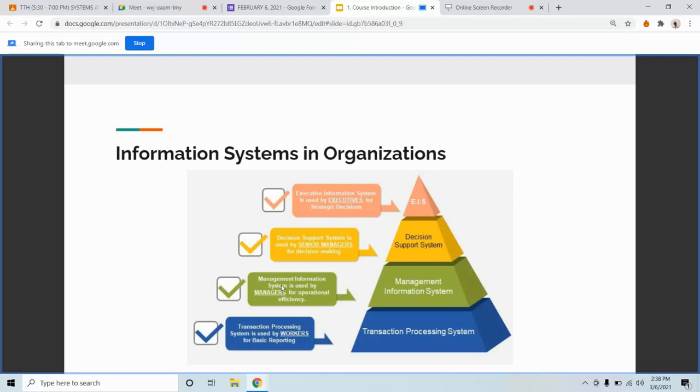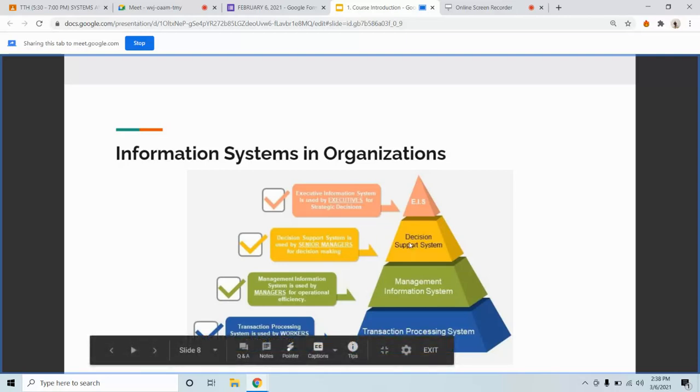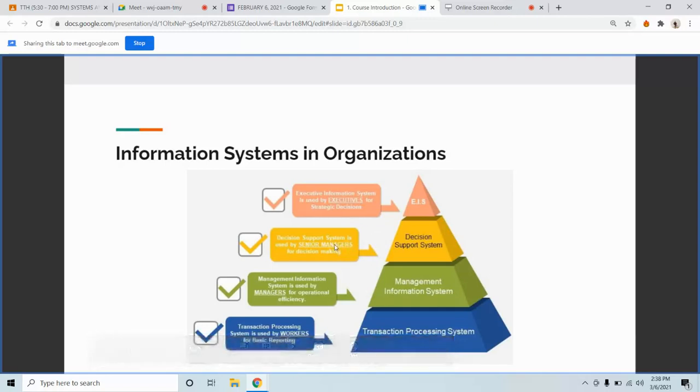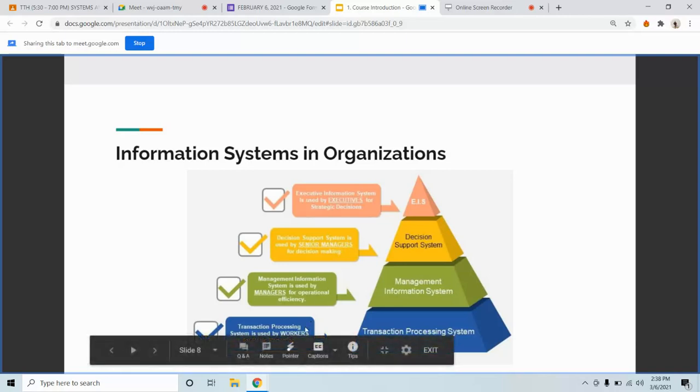And then finally, the decision support system. To keep you from getting confused, I will give you a picture of how a decision support system works. From a daily basis, the point of sale moves every day from the cashier.